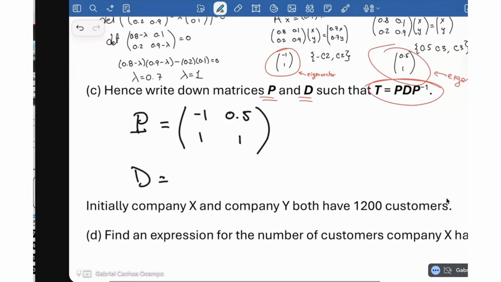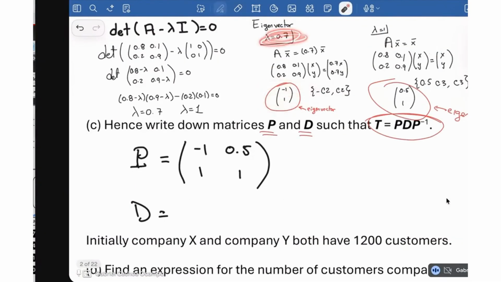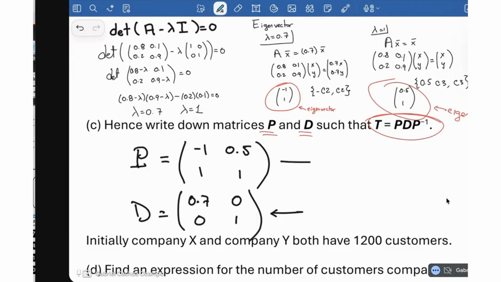And D, because I put this one first, I'm going to put this eigenvalue first, 0.7. And now because I put this one second, I'm going to put this eigenvalue second. Okay, so this is a diagonal matrix, and this is the change of basis matrix.